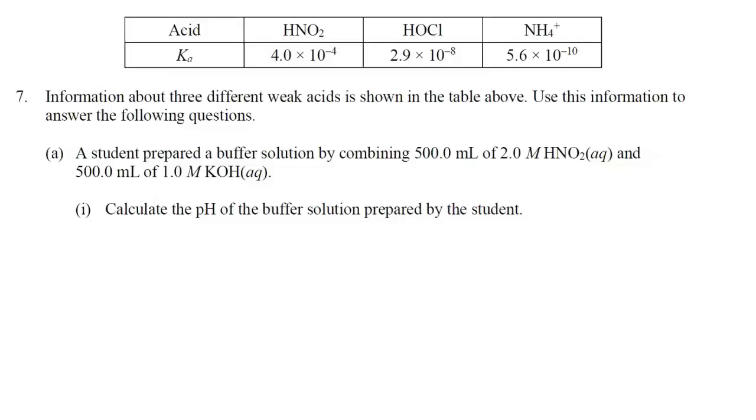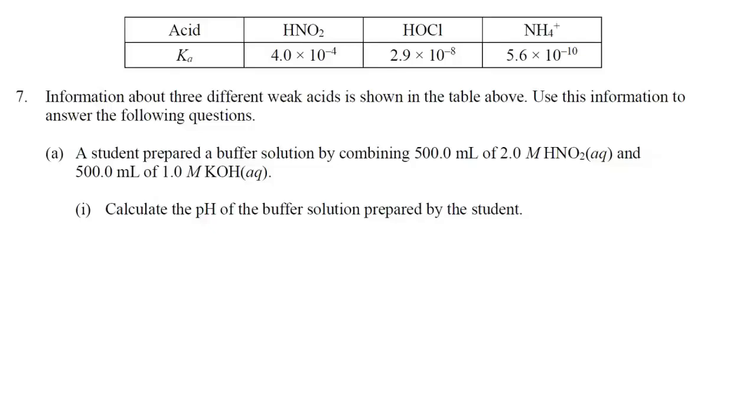They all behave as weak acids, and we are given the Ka value for each one of these substances. In part A, it says a student prepared a buffer solution by combining 500.0 milliliters of 2.0 molar nitrous acid and 500.0 milliliters of 1.0 molar potassium hydroxide.